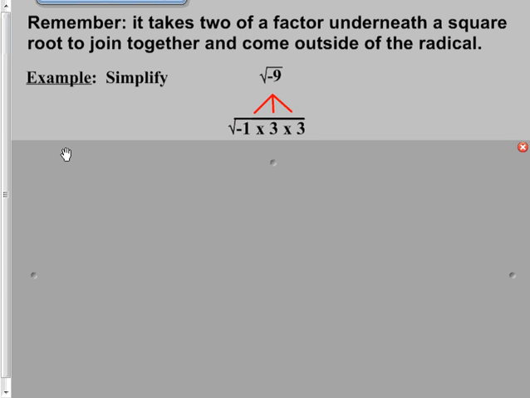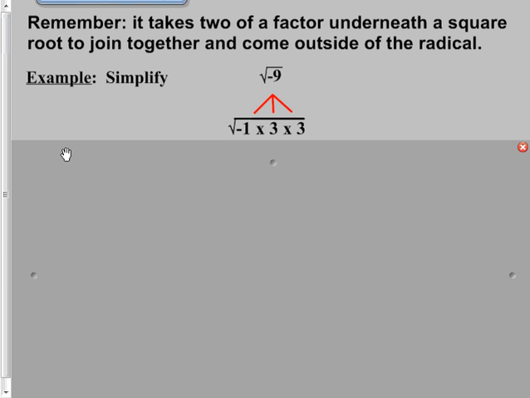But as we said, it takes 2 of a factor underneath the square root in order to join together to come outside of the radical. That means we're looking for 2 of stuff. Well, we have 2 3's underneath the radical. Those 2 3's are going to join together and come outside of the radical, and they will make a single 3 outside of the radical. That will leave the -1 underneath the radical.